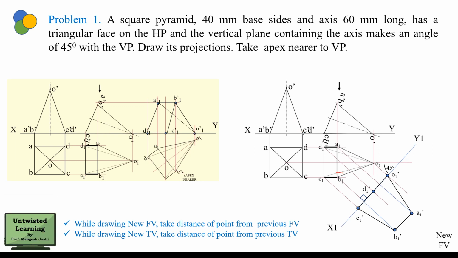Okay, the farthest point is B1. Again the same methodology, so only one line is hidden, that is O to B1. Remaining all the edges are lying on the outer side. So in this way you can draw the solution by using the auxiliary plane method.